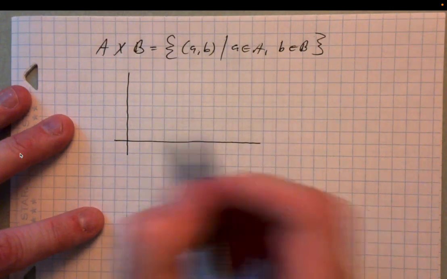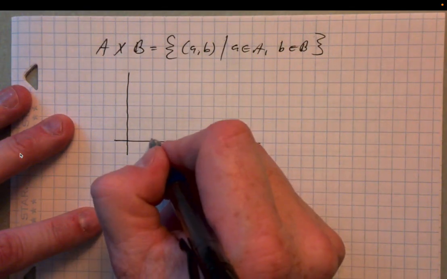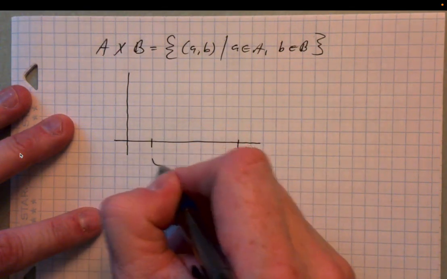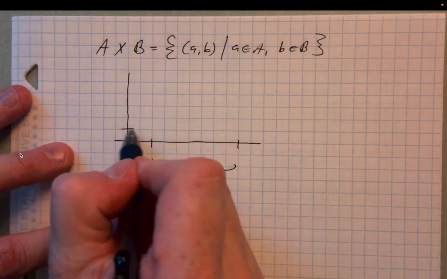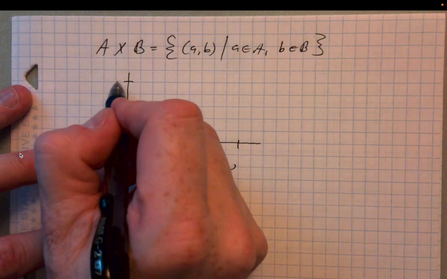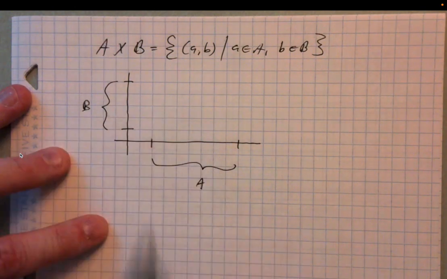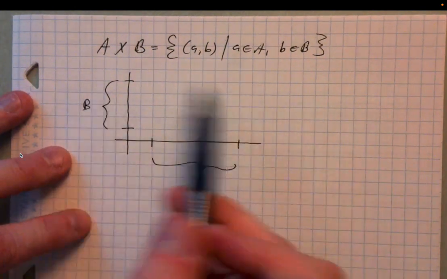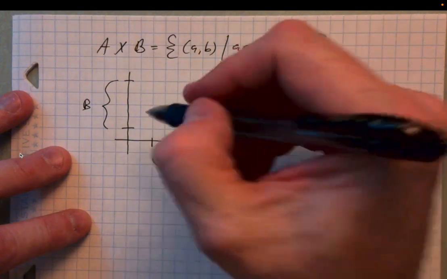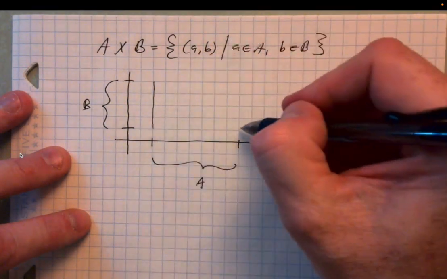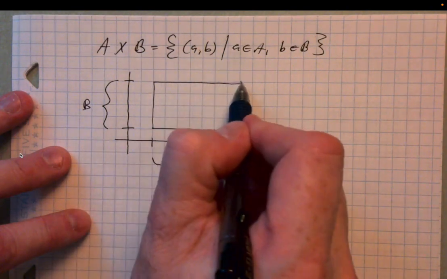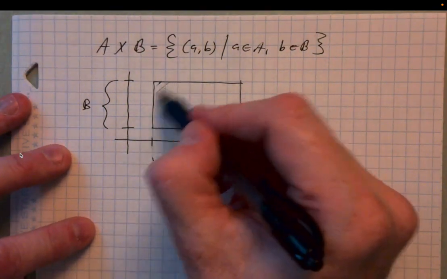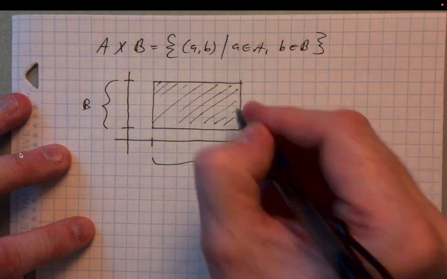So let's say I've got 2 axes, and on this axis I define this region here, which is the set A, and on this axis I define this region here, which is set B. Then the Cartesian product of A and B is going to be the space in this 2-dimensional plane where these two sets overlap.